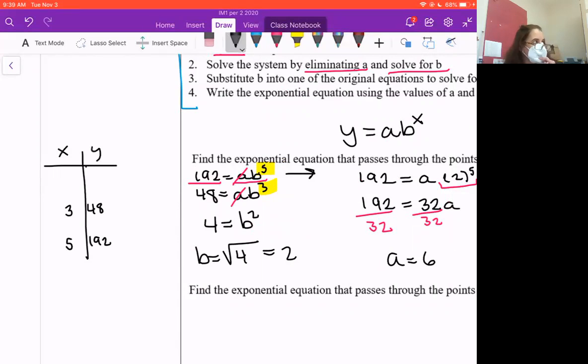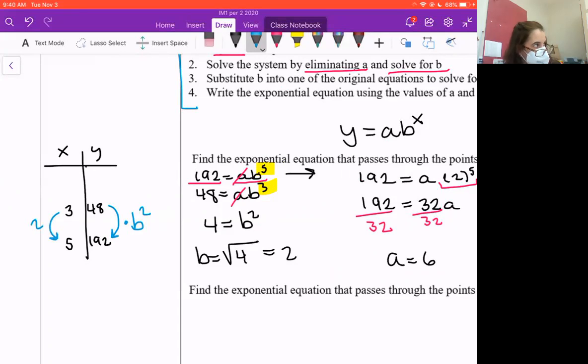There's x, there's y. So if I want to do this entire thing on a table, I'll look at my table and I say, look, my x's went from 3 to 5. 3 to 5 is a jump of 2. In other words, 5 minus 3 is 2. We jumped by 2 on the x's. That means on the y's, I have to multiply by b twice. B times b.